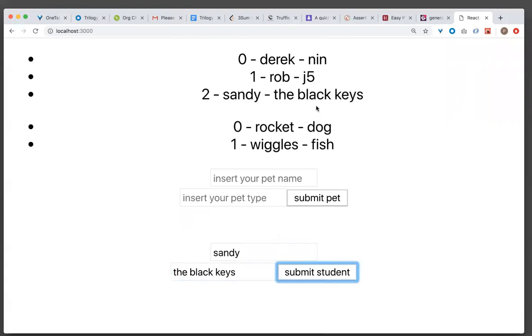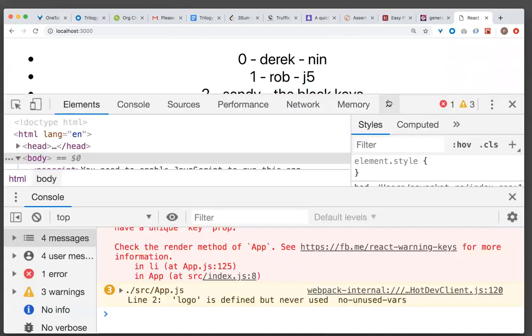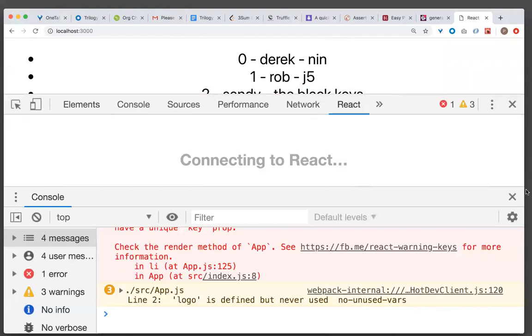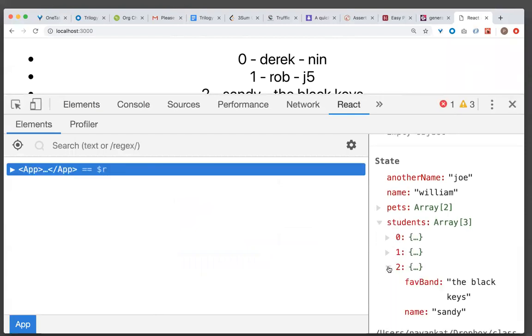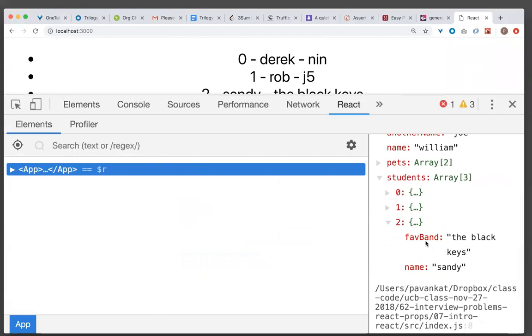Cool. Yeah, so right here, now we have Sandy here, right? And if we take a look at our state, because I have React Developer Tools, a Chrome extension, we see 3 students in the students array. If I open that up and look at the last one, the Black Keys, Fave Band, name, Sandy, right? So having React Developer Tools is very handy.